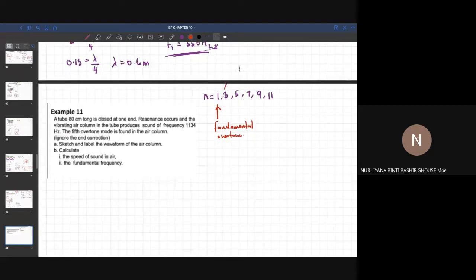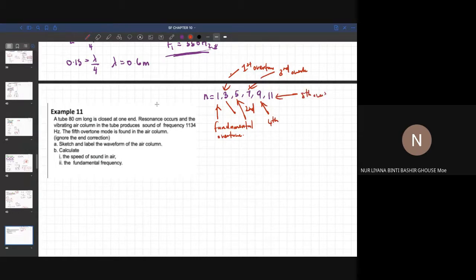This one is the first overtone. This one is the second overtone. Third overtone. Fourth overtone. And fifth overtone.